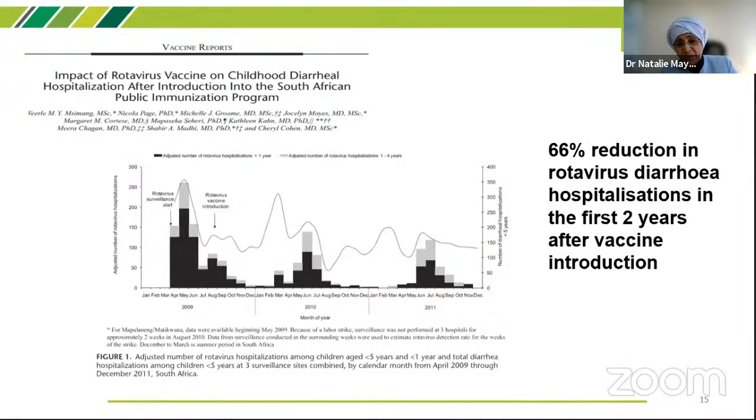For example, this was an impact assessment of the introduction of the rotavirus vaccine to prevent diarrhea in children. We demonstrated for the department that after introducing the vaccine, there was a 66% reduction in rotavirus diarrheal disease hospitalizations in the first 2 years of vaccine introduction. So it's not only surveillance in terms of the quantum, but also in terms of interventions.